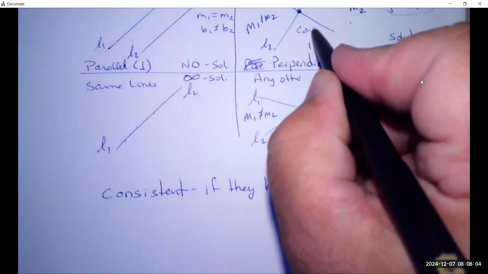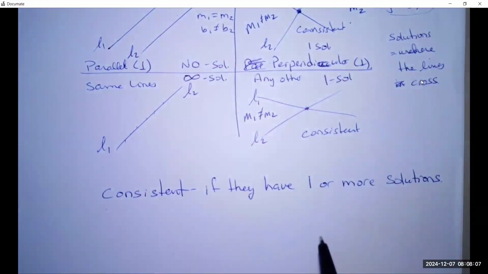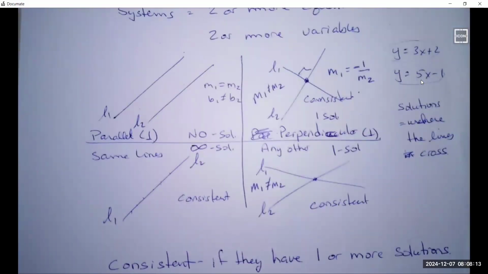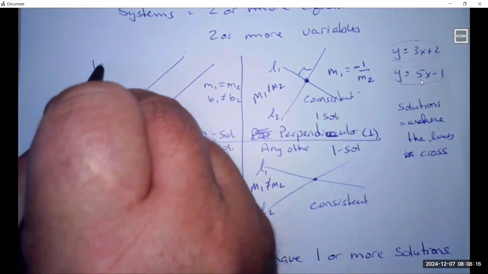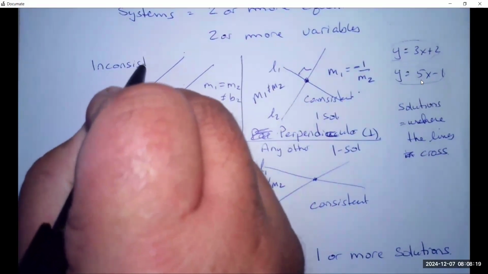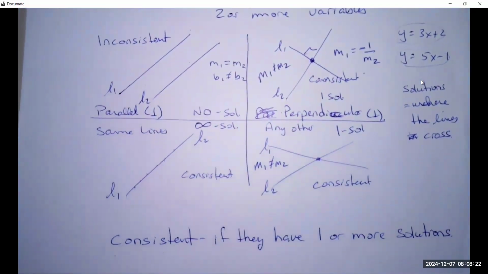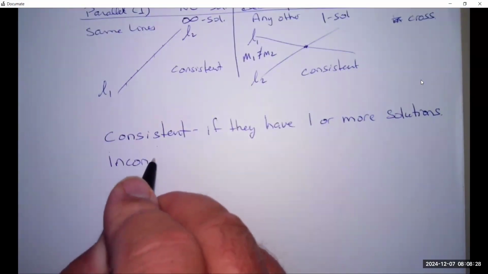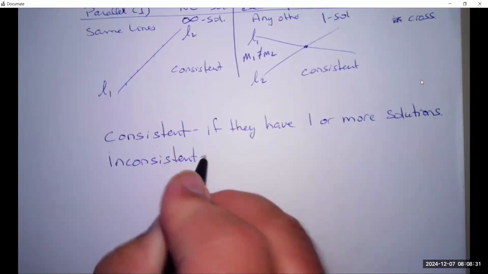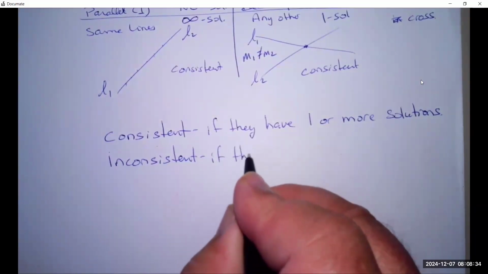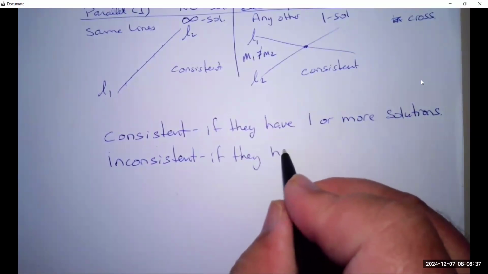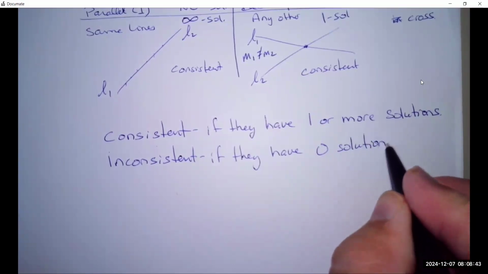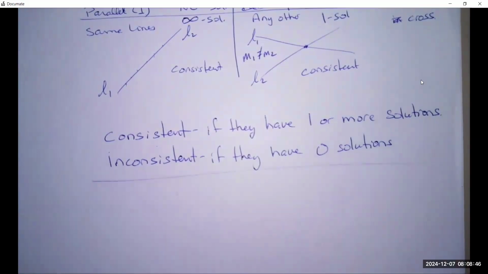This one's consistent. This one's consistent. However, parallel lines, since they don't intersect, are called inconsistent. They have nothing in common. So it's inconsistent if they have zero solutions. So that's the first part, dealing with number of solutions.